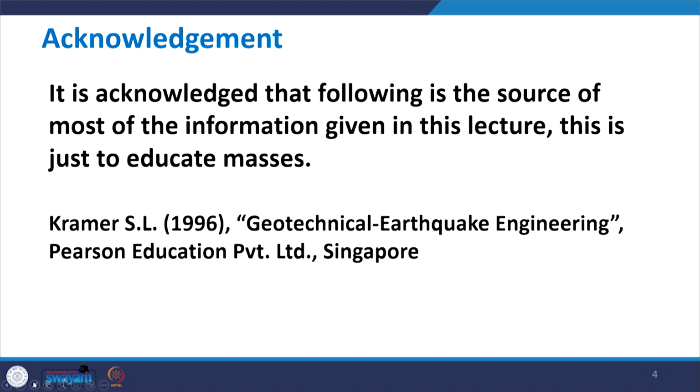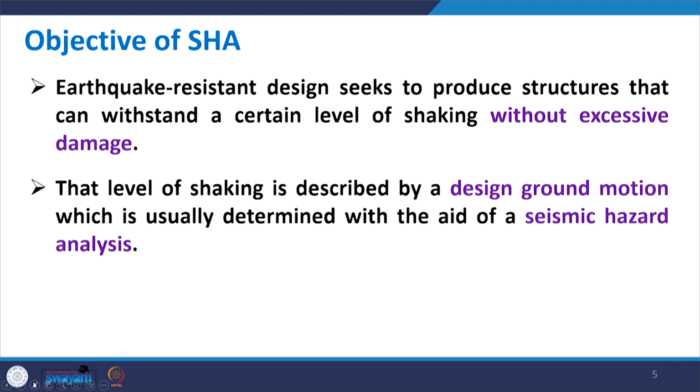First, let us discuss what is the objective of SHA. SHA here will stand for seismic hazard analysis. Because you know that we discussed in the beginning of this course that you need to do earthquake resistant design of structures as well as foundations.